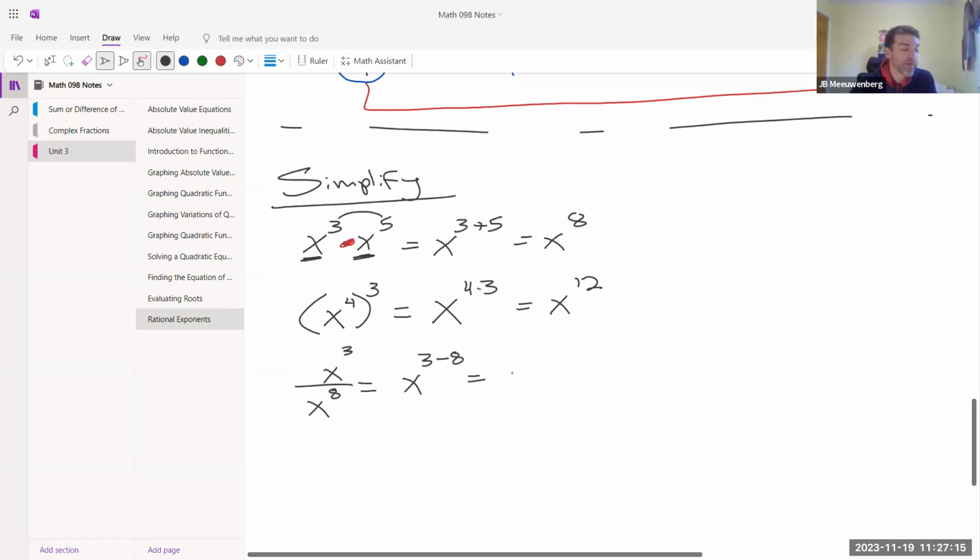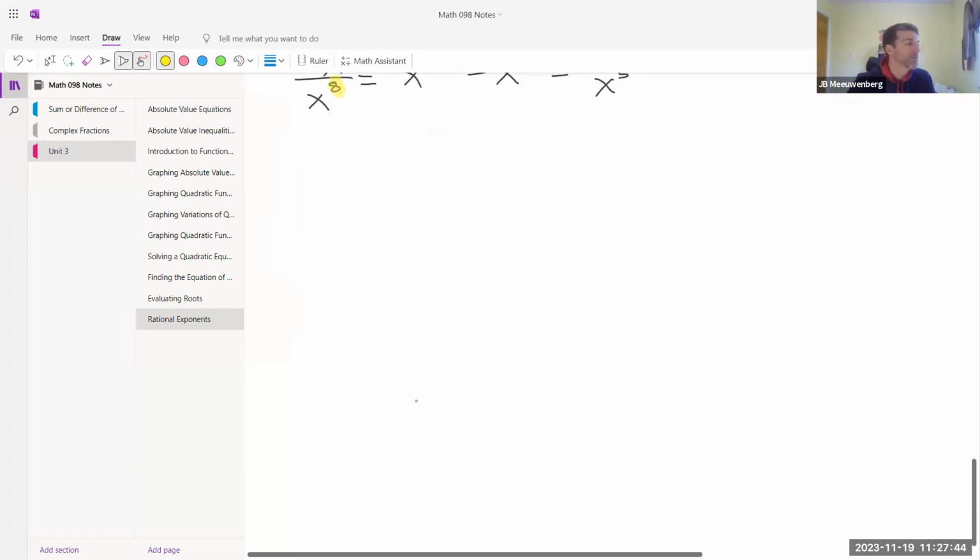Sometimes we do that and get a negative exponent, x to the negative 5th, and we just have to clean that up by, as you know, moving it to the denominator, and that makes that exponent positive. These rules we've been working with for a while, but they work the same whether our exponents are whole numbers, like all of these, or if they're fractions, like the ones that we've been working with already in this video. So let's see what this means.